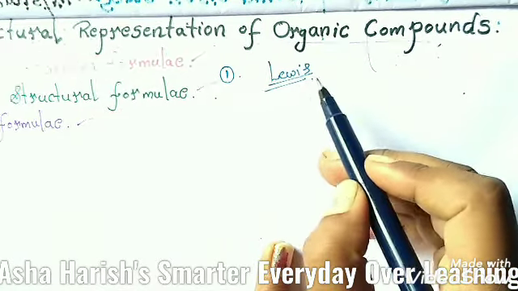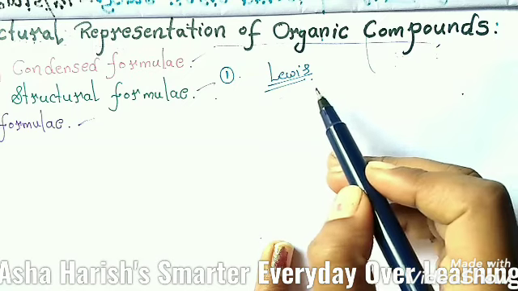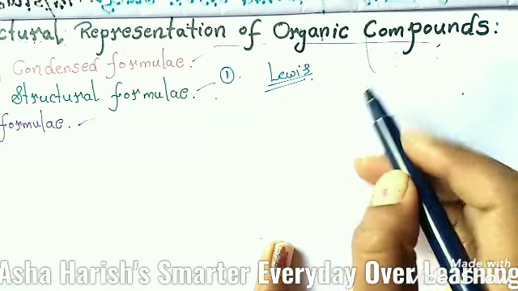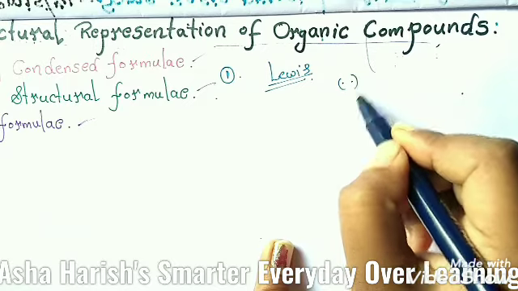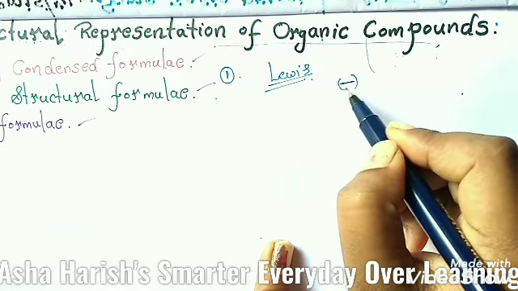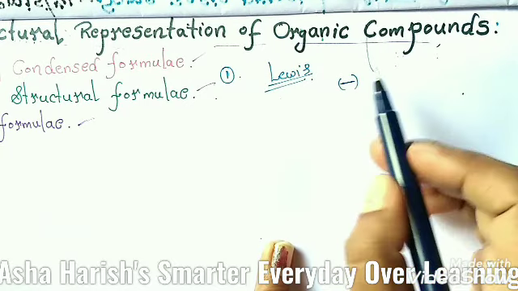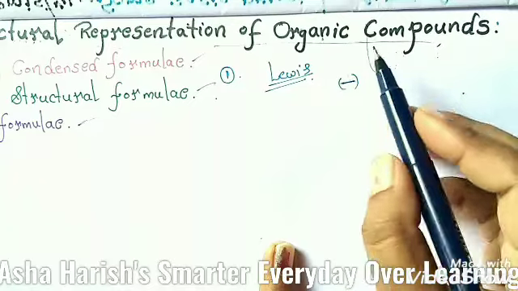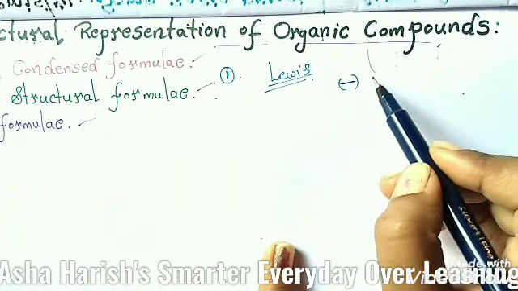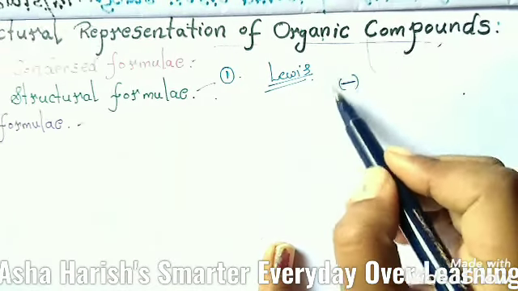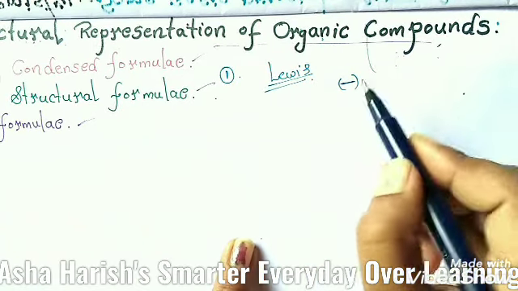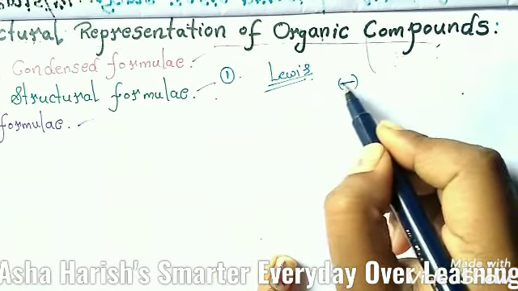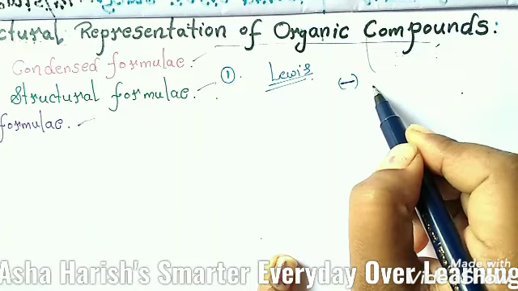However, these structures can be simplified if each pair of electrons making a covalent bond, due to mutual sharing of electrons between two atoms, is represented by just a single dash.